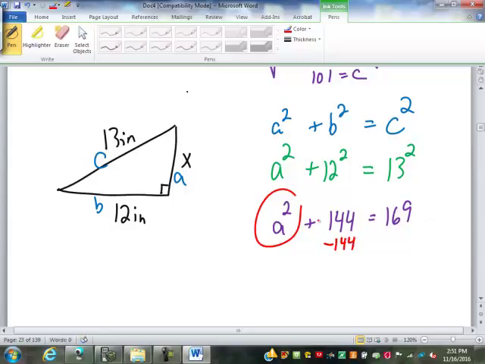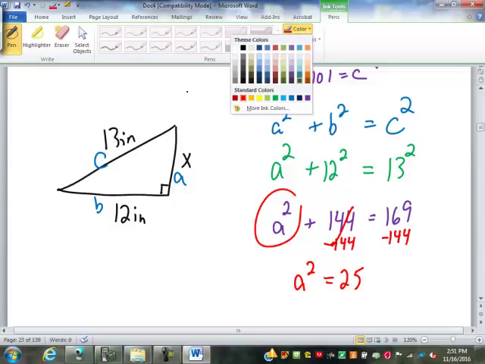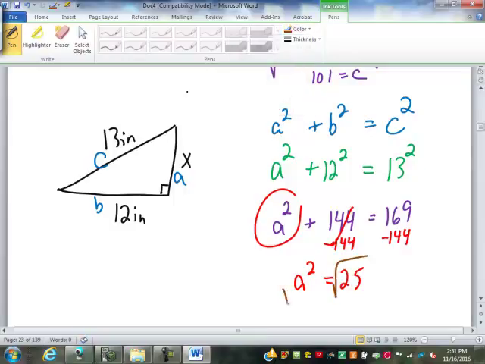The formal way of doing it, the algebraic way, would be to subtract 144. That gives us A squared is 169 minus 144, which is 25. And then we square root. So the square root of 25 tells us that this missing leg is 5 inches.